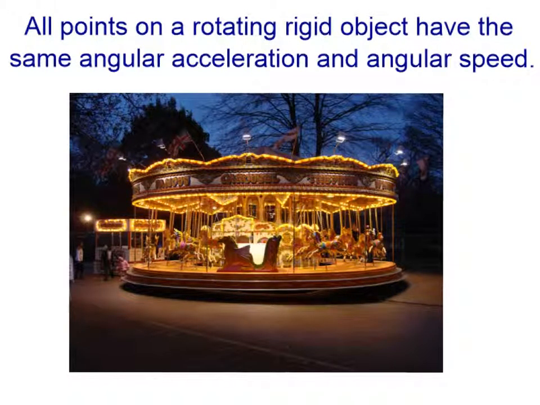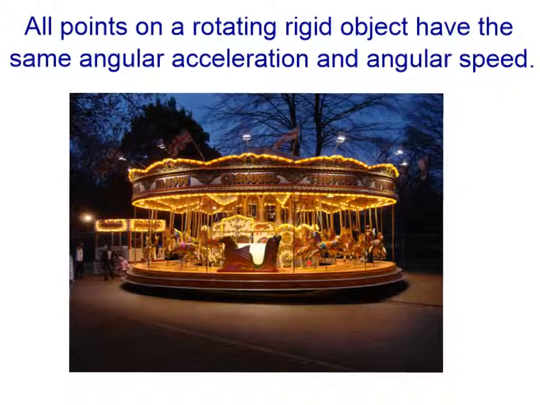So far we have been talking about rigid objects, such as a car tire, or a bike tire, or a carousel, or a Ferris wheel. For rigid objects, all the points on that rotating object have the same angular acceleration and angular speed. If they did not, let's take this carousel.